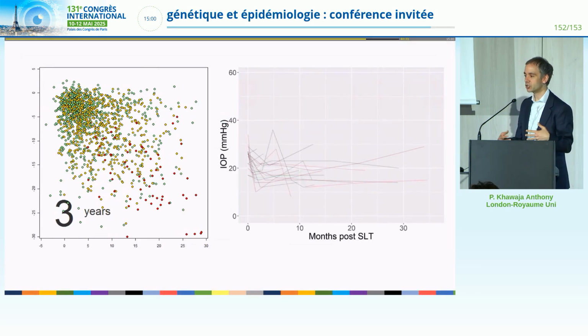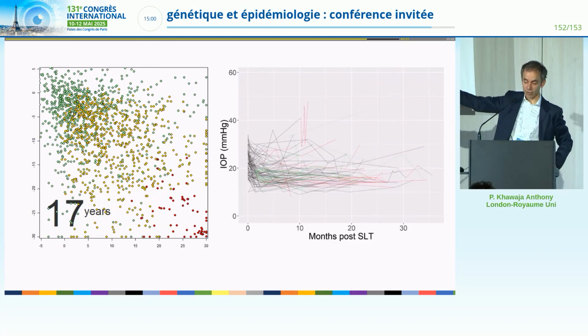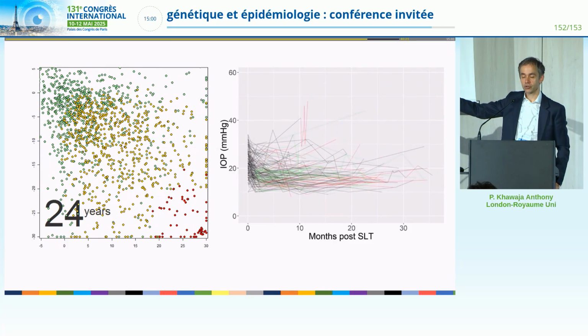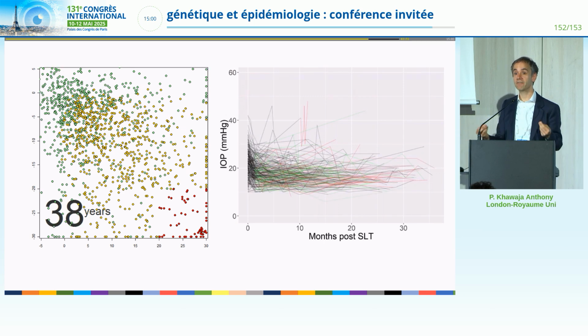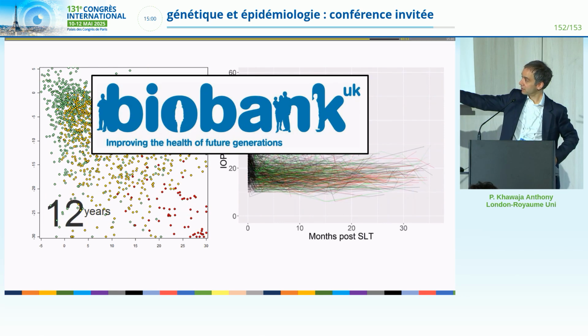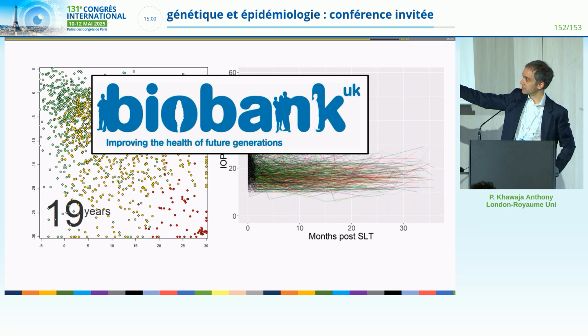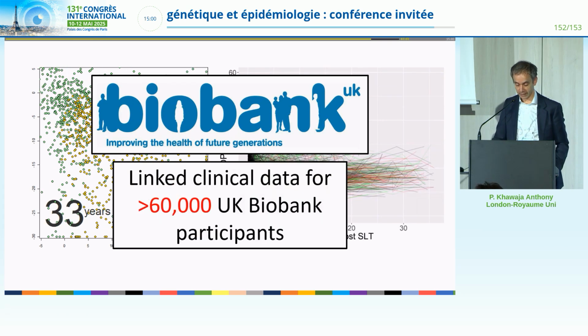What we need is the UK Biobank moment for this type of data. We need progression data, response to treatment data in much larger data sets that have genetic data available. So I'm really excited to share that we are doing this. We've linked this exact sort of data that are used to make these two graphs with UK Biobank for over 60,000 of them.